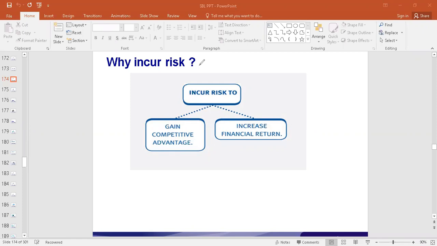People get attracted to take risk. So why encourage? To gain competitive advantage. They can be a leader in that particular aspect and enjoy benefits out of that. The second one is to earn better returns, increase financial returns. That is why risk is incurred.